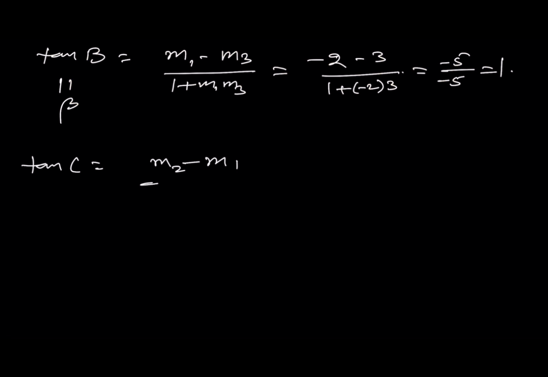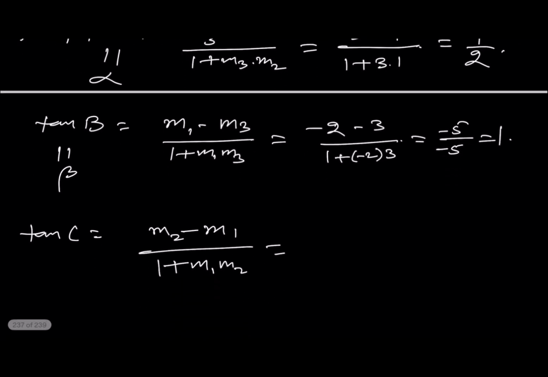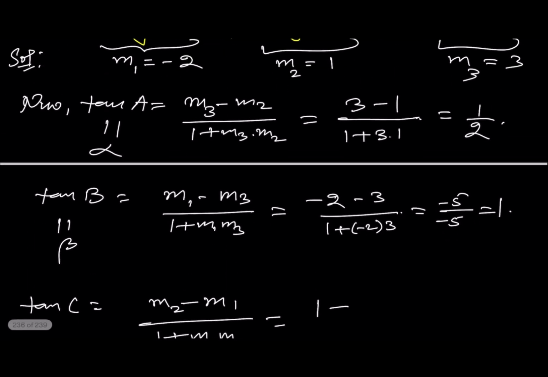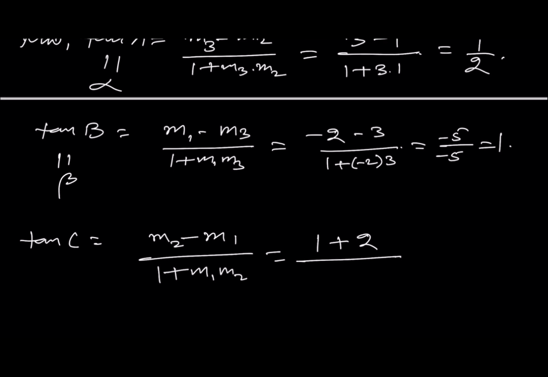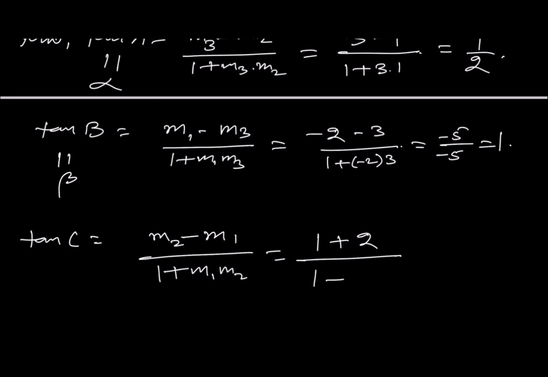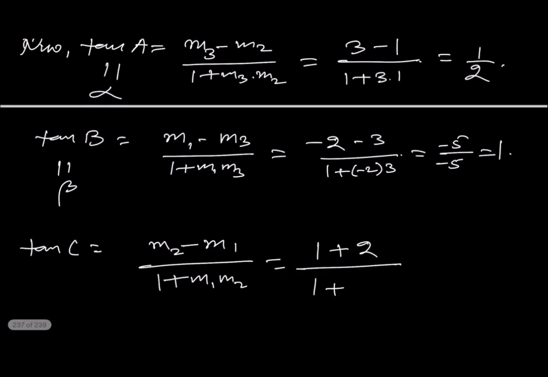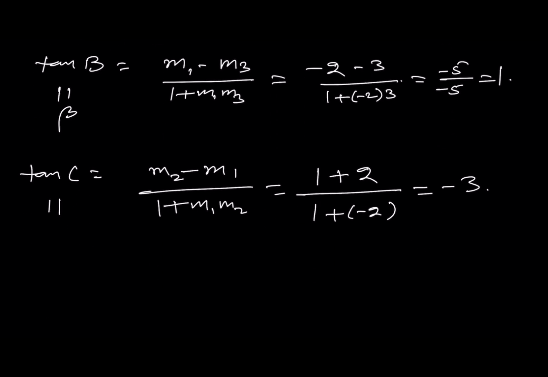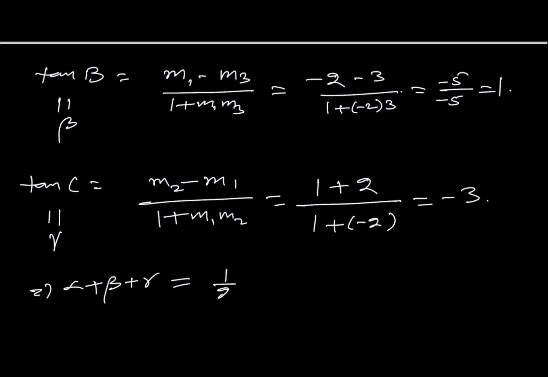Tan C is (m2 minus m1) upon (1 plus m1 m2). m2 is 1 minus minus 2, which is 3, upon 1 plus 1 into minus 2, which is minus 1, so this is minus 3. Take it as gamma. So alpha plus beta plus gamma is 1 by 2 plus 1 minus 3, which becomes minus 3 by 2.